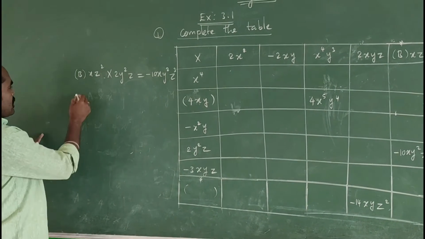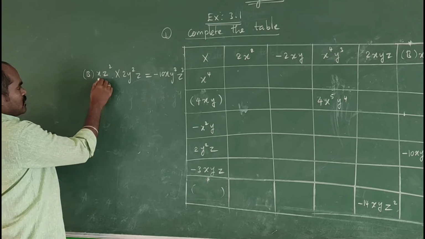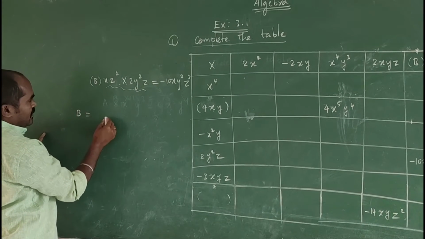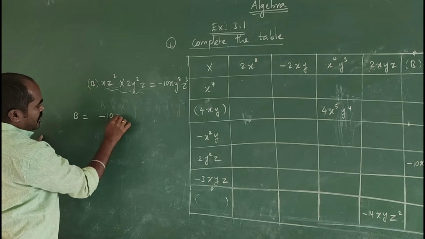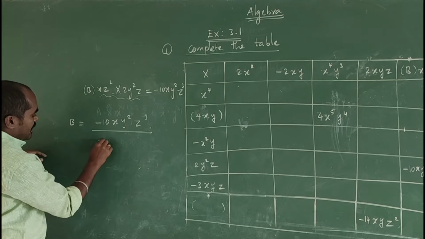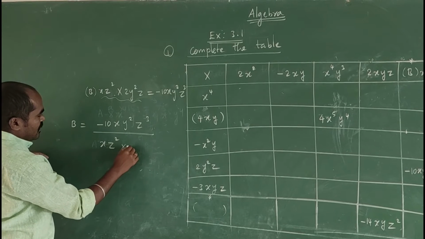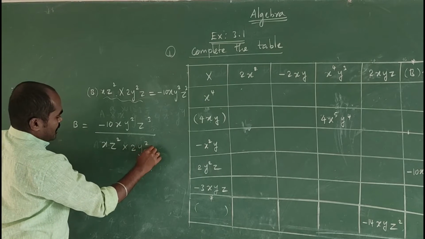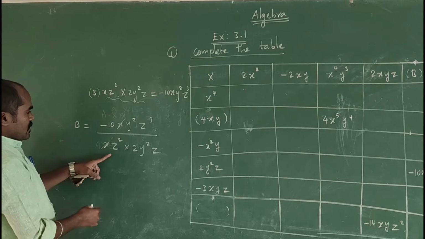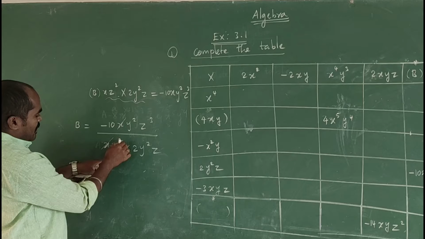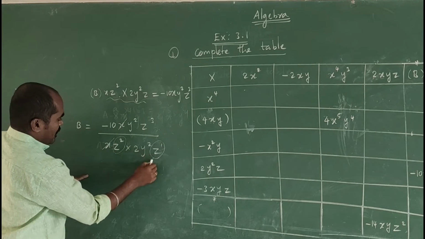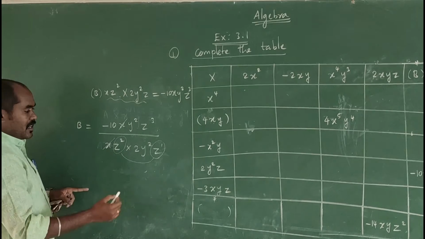So listen. Here b is unknown. So send these two monomials to right side. So b is equal to minus 10x y square z cube divided by x z square into 2y square z. So here x cancel. We have the denominator z power 2, here z power 1. So already we know a power m into a power n is a power m plus n.